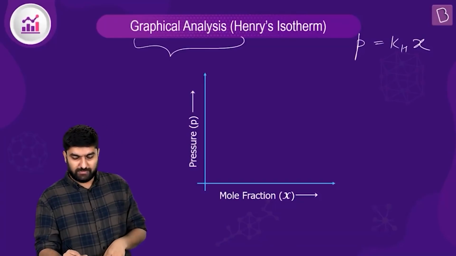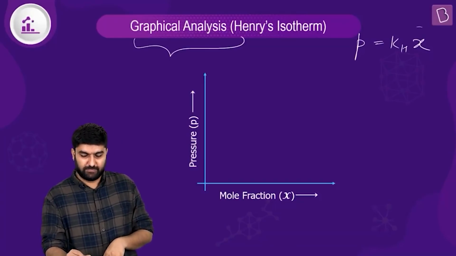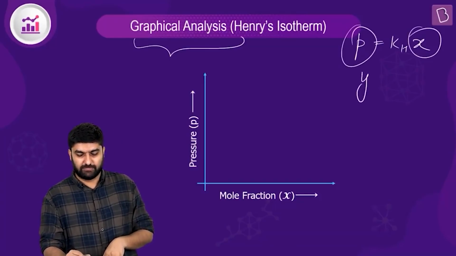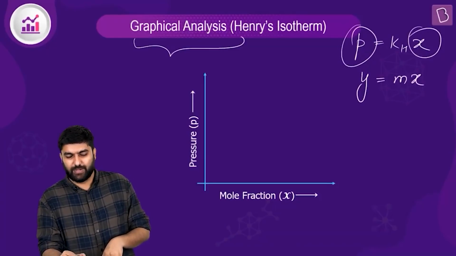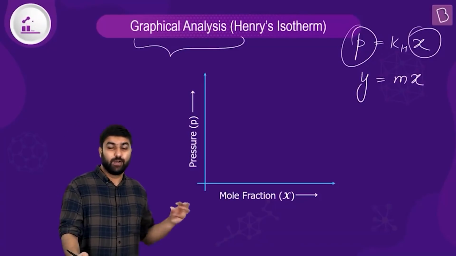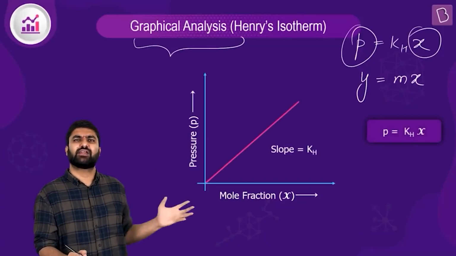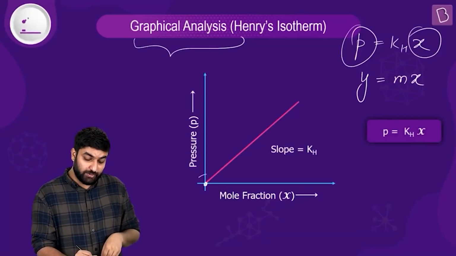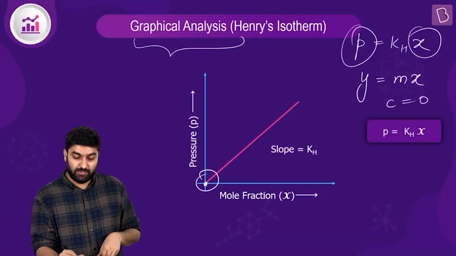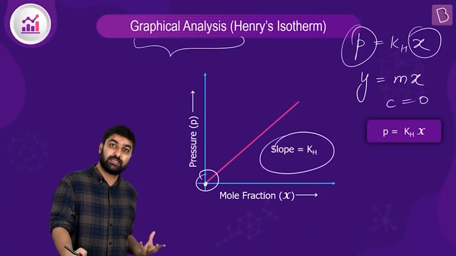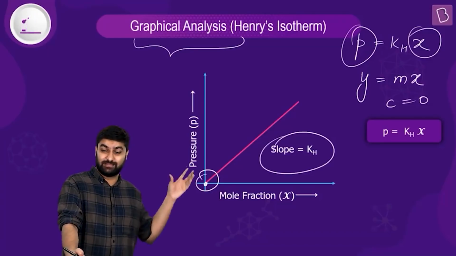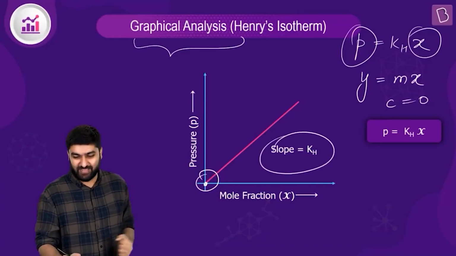We're going to call this the x-axis and this the y-axis. You might as well write this as y equals mx. Once we have that information, we can clearly see that we have a straight line starting from the origin, whose intercept c is 0 and whose slope is the Henry's constant here, right? And this is essentially what we have.